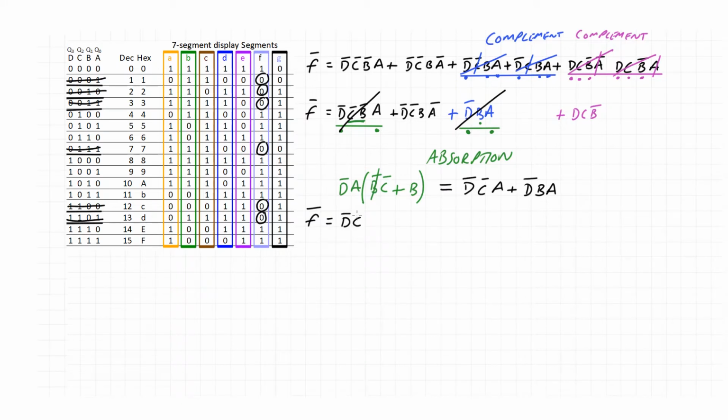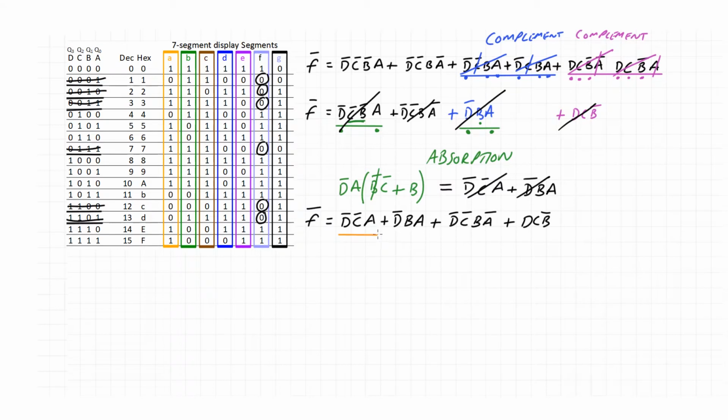So we've got not D, not C, A, or not D, B, A. Cross those two off, bring the others down that we haven't touched in a while, or D, C, not B.